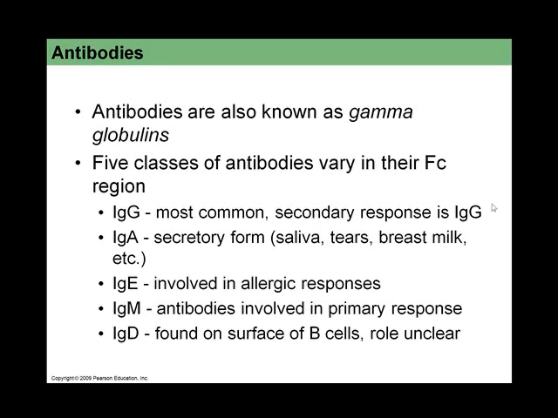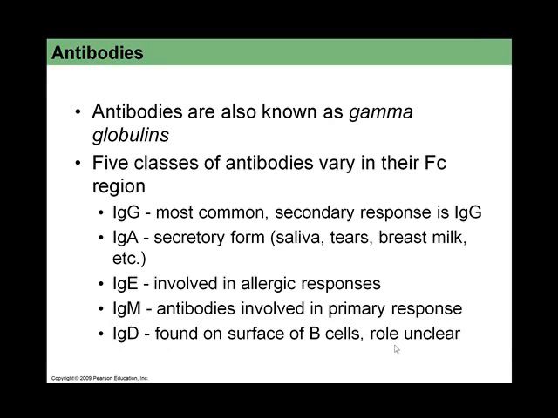So the IgG is the most common. It's the secondary response. So if you receive passive immunization, typically it's the IgG that you would be receiving. The IgA is a secretory form, so it's found in saliva, tears, and breast milk and other areas, typically the mucous membranes. And then the IgE is involved in allergic responses. The IgM is the antibody involved in primary response.